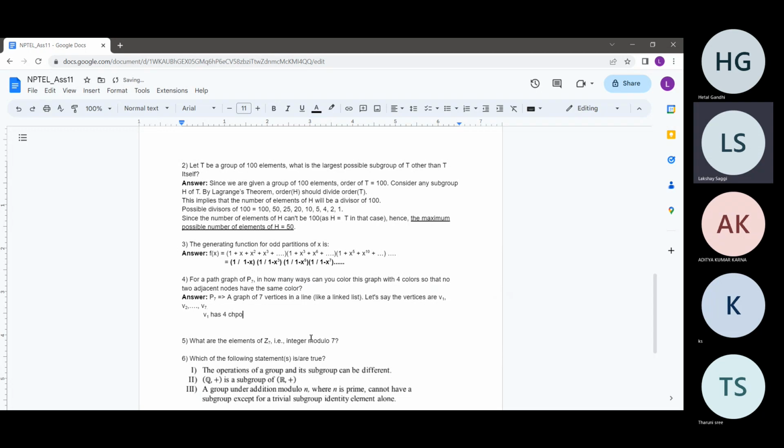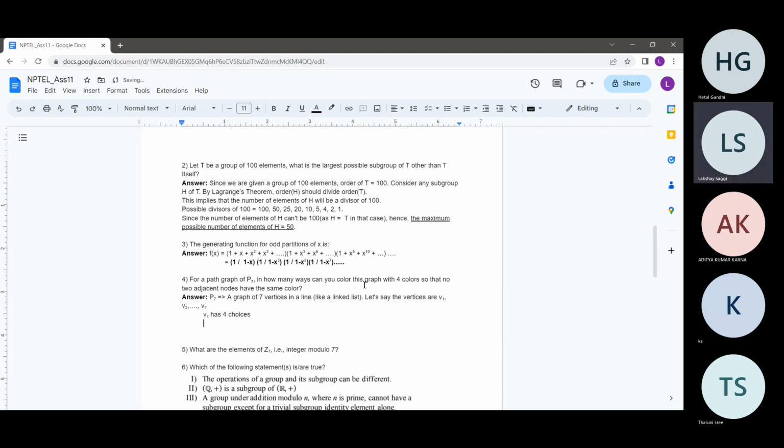So V1 has 4 choices. Initially, when we have not colored anything, we start coloring. V1 is on the leftmost side, and till now no vertex is colored, right? So first we start coloring V1. V1 will have four choices for colors, and then V2 will only have three choices.